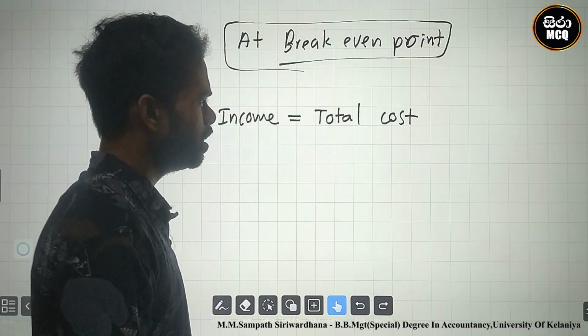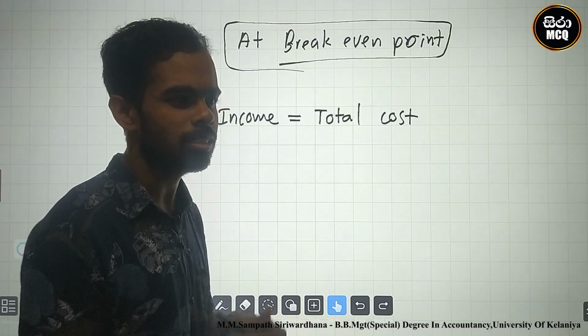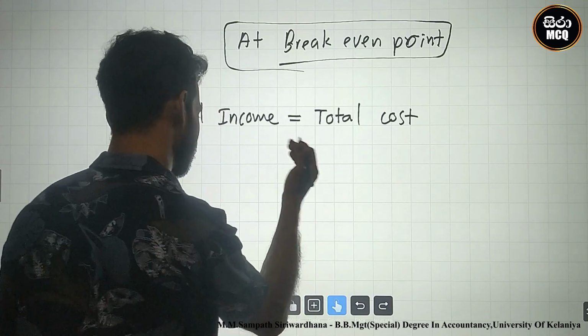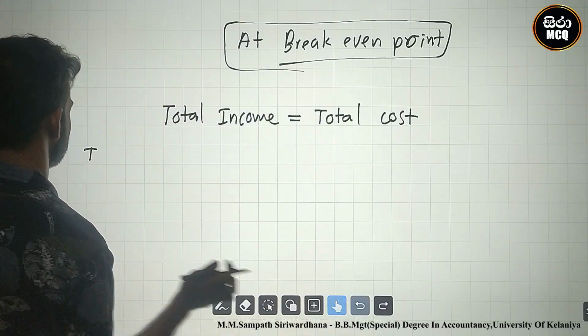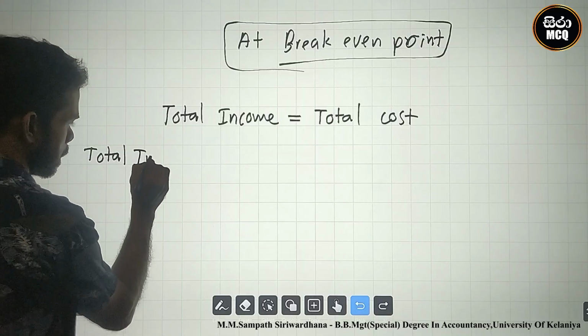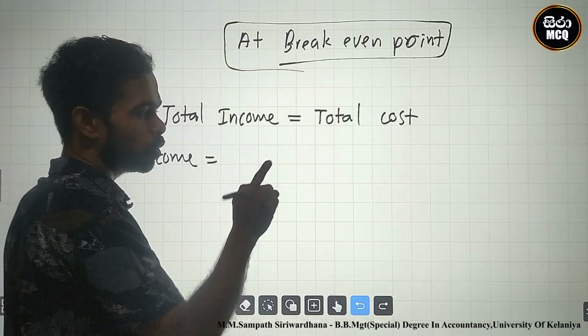The second step, I divide this total cost in two. What are the total cost? The two categories, total fixed cost and total variable cost. Again, I write total income equal total cost.